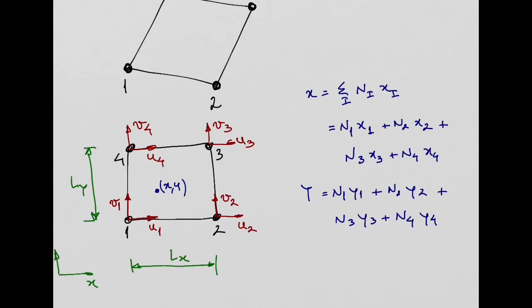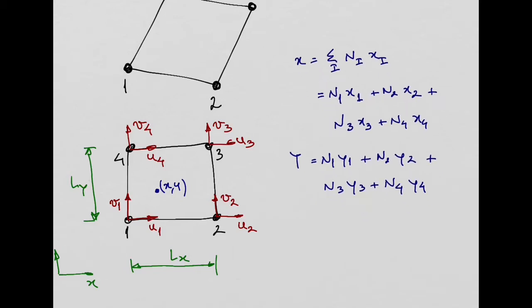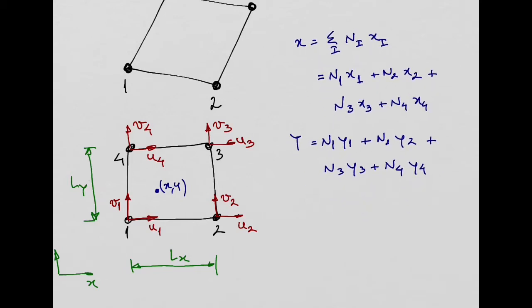Now, the isoparametric finite element, what it does basically is, so I can move this a little bit up like this. The isoparametric concept: what we have seen so far is that we interpolated the geometry, right? If we want to get the coordinates of any point inside the element, we use the shape functions and the nodal coordinates. But the isoparametric concept is we can also interpolate the displacement field, u and v.